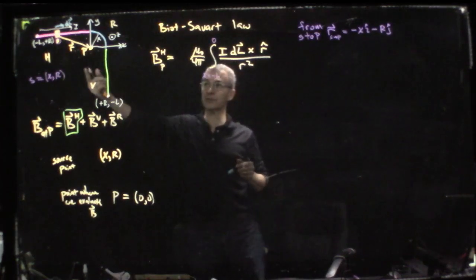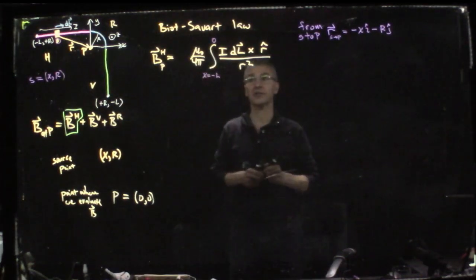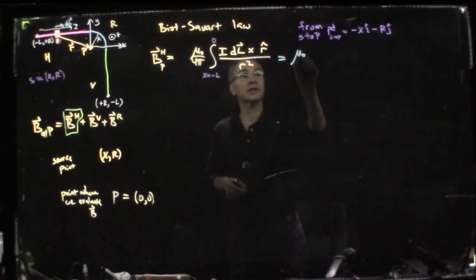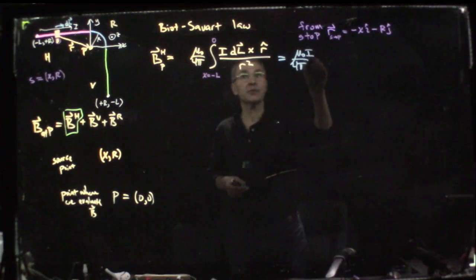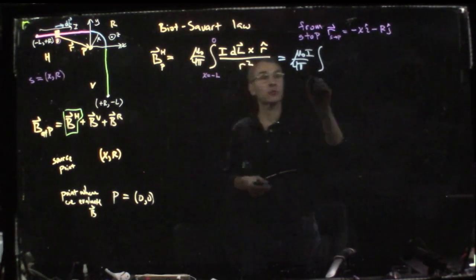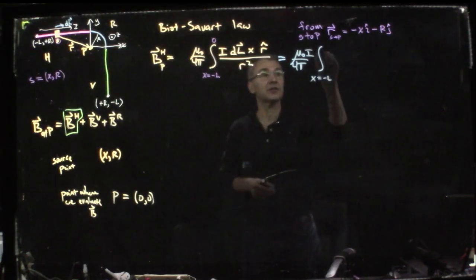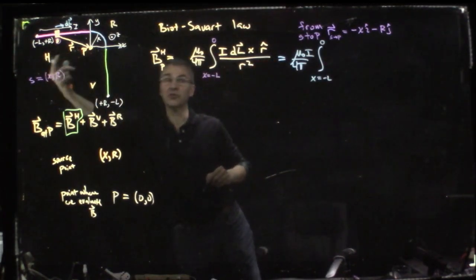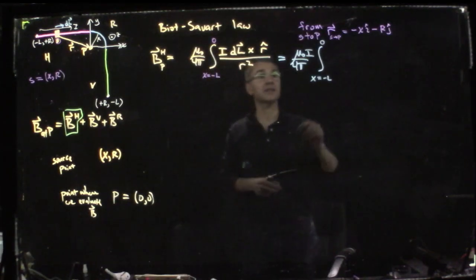So the current is going to the right, so that's in the x direction. So this is mu naught over 4 pi. We can bring the I outside because it's a constant. And we're integrating for this horizontal segment from x equals minus L to x equals 0. So we're going in the plus x direction, so dx will be a positive quantity.